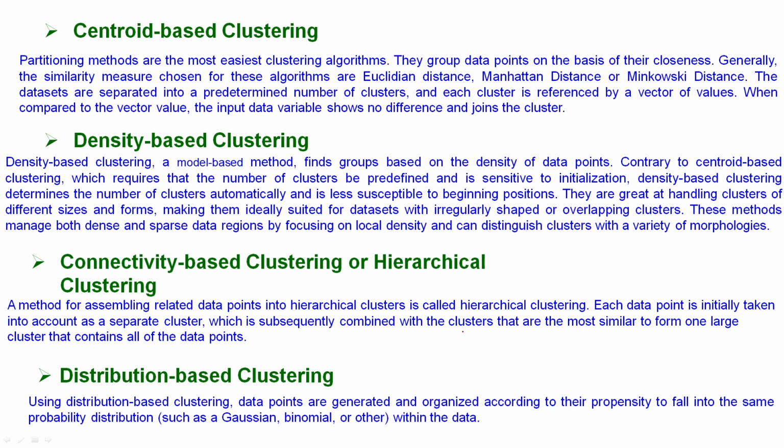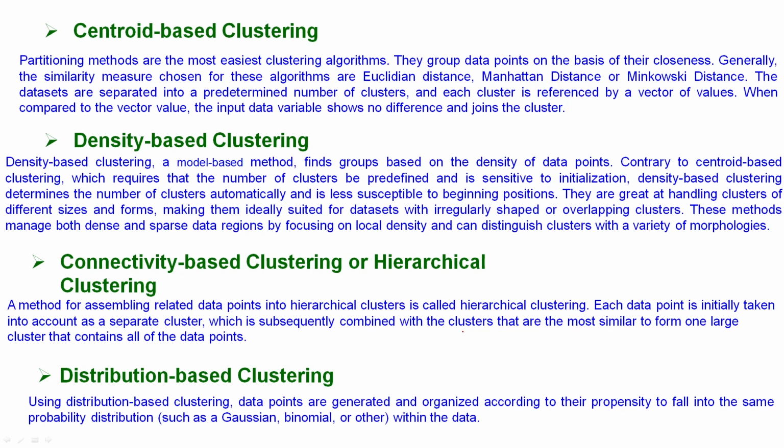You can have a Manhattan distance or Minkowski distance also, and in the case of density based clustering, they are based on the density of data points. As compared to centroid based clustering, which requires the number of clusters to be predicted and is sensitive to the initial data point as centroid, density clustering determines the number of clusters automatically, because it talks about the number of points per unit area or per unit volume, right.